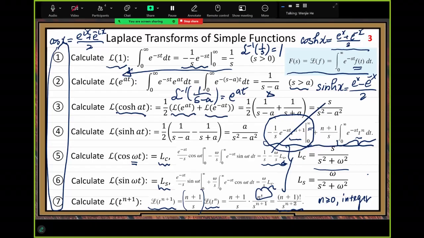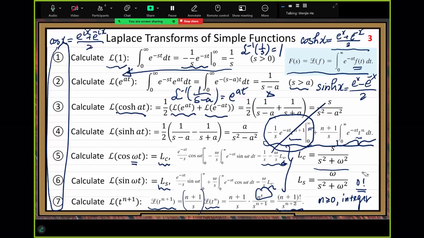Non-negative integer. Do you know the 0 factorial? The other factorials are easy, but what is the 0 factorial? It is defined. It looks like 0, but actually it's 1, not 0.